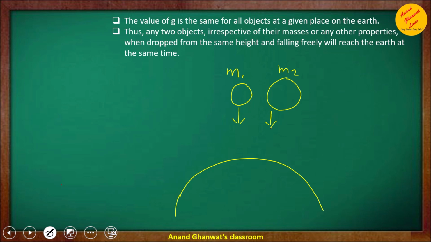When only gravitational acceleration acts on the object, and not any other force like frictional force or buoyant force, then the body is said to be in free fall. So both of these objects reach the earth at the same time.